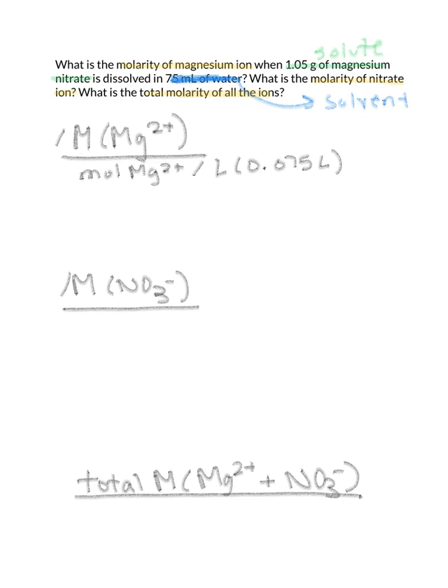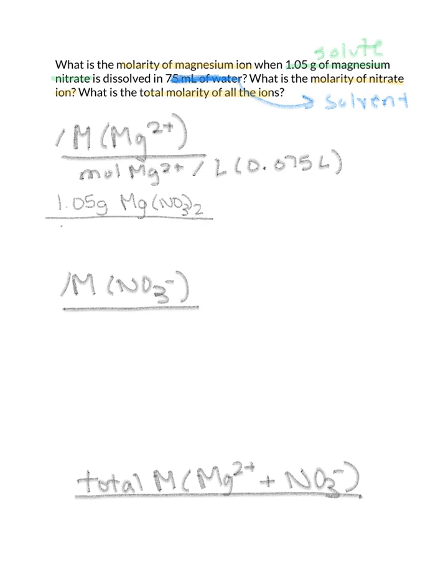And so when I set that up, it's not too bad, right? We've done this before. I know that there's 1.05 grams of magnesium nitrate. And now let's remind ourselves, magnesium is a 2+, nitrate has to be balancing out that way because there's 2 of them, right?